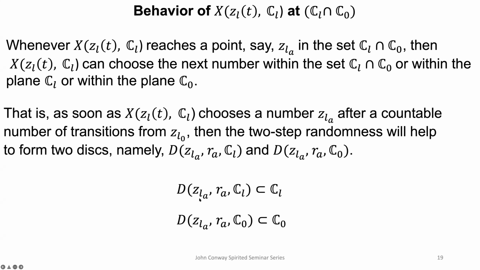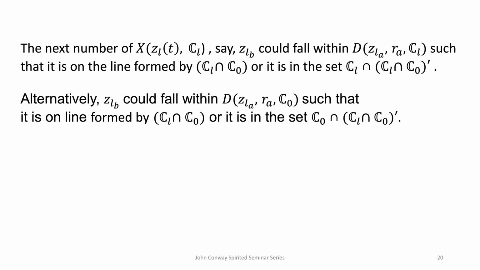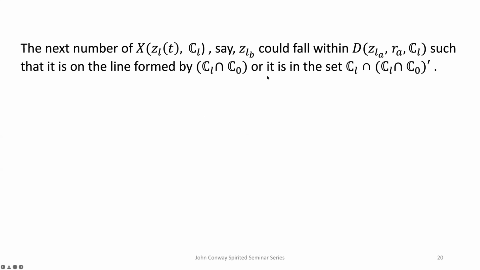That means D of this could be a subset of CL, or D of the disk a subset of C0, wherever it is, depending on if it is here or there. So the next number, ZB, could fall within the disk such that it is on the line.